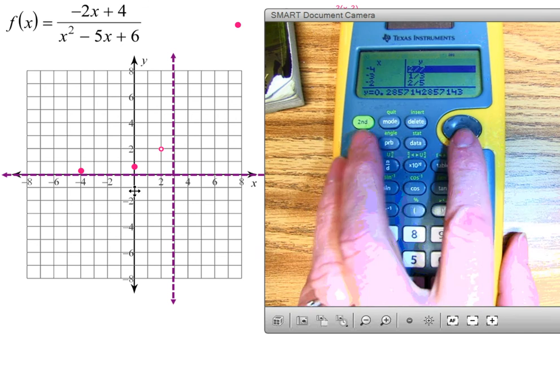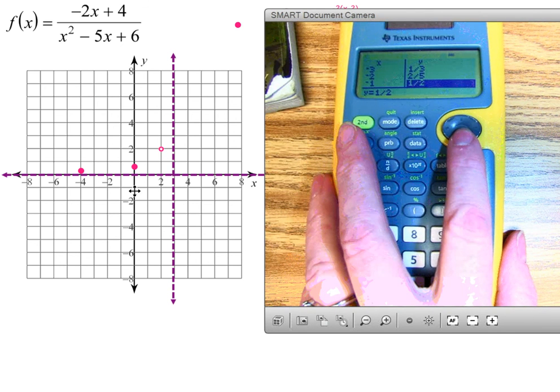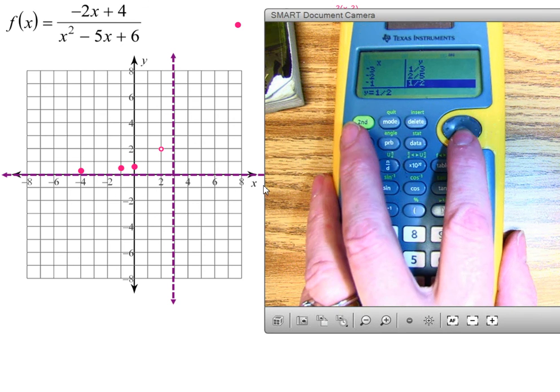Scroll down. At -1, I'm at 1/2. What happens at 1? At 1, I'm at 1. I like that. Now I have a good idea what's going on on the left side of my vertical asymptote.